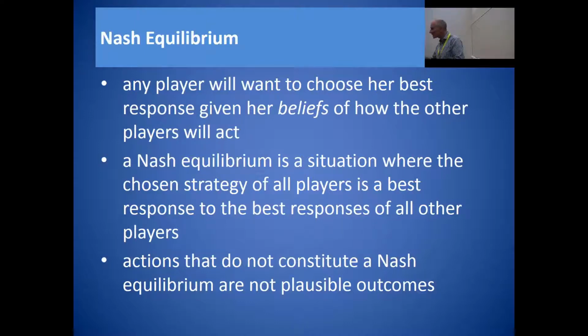Well, that's exactly what I've just said, that incentive to deviate. If we're not in a Nash equilibrium, there's an incentive to choose a different strategy. Once we are in a Nash equilibrium, there is no incentive to choose a different strategy, and hence that is our equilibrium outcome.